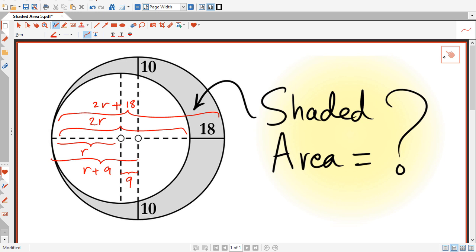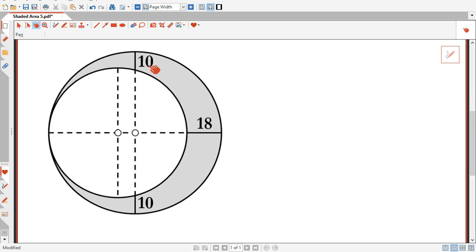Okay, so now to solve this problem, I will go down here and I will connect these 2 points here, which this length here is equal to the radius of the inner circle, so that's going to be equal to r as well. This difference in the radii between the outer circle and the inner circle, we said it's 9 already, and we connect these 2 points here, and that forms a right triangle.